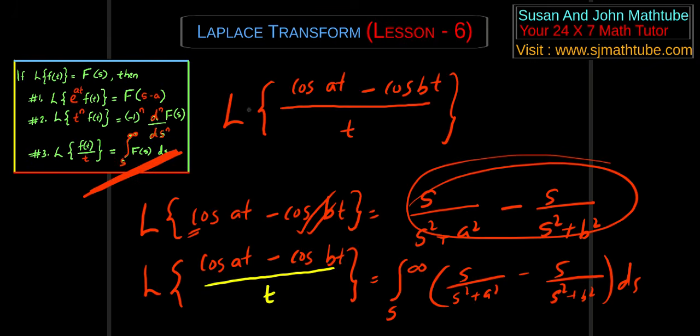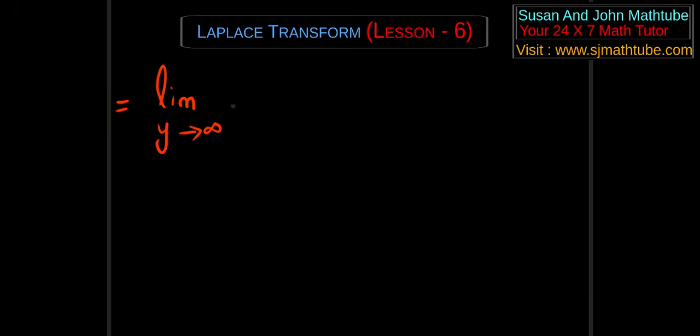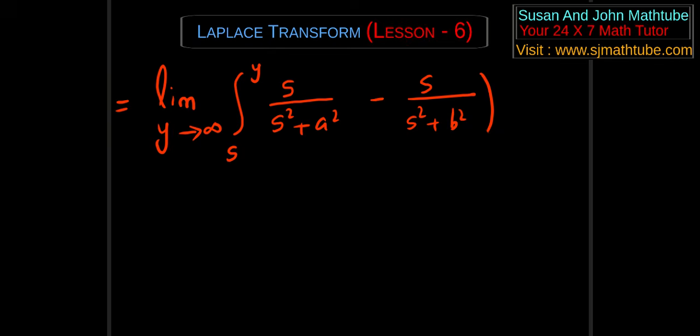Whenever you have an improper integral, this is how you have to do it. Limit y tends to infinity, integral s to y, s by s square plus a square minus s by s square plus b square, ds.